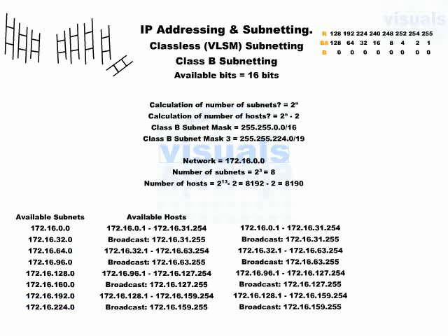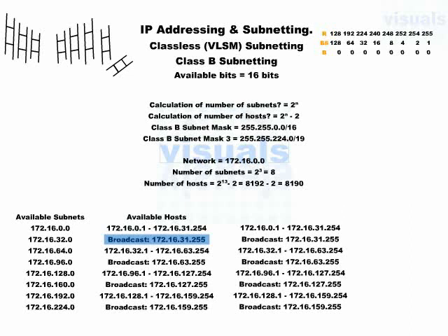Now, valid addresses for our first subnetwork range from 172.16.0.1 to 172.16.31.254, and the broadcast address is 172.16.31.255.